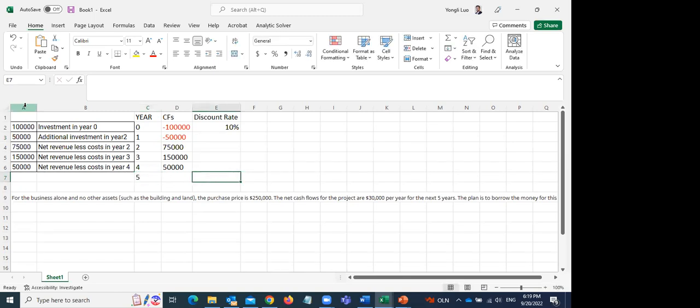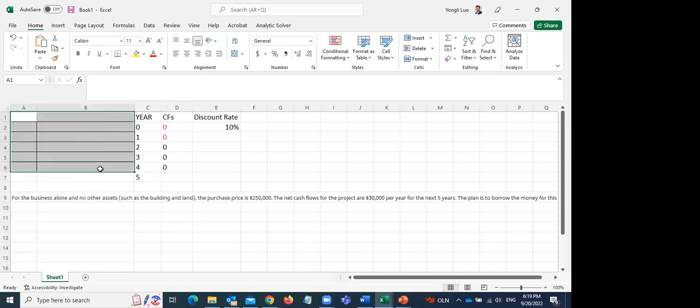Is that right? Yes. So we delete this, we don't need the cash flow for that. So what is this cash flow here? It's going to be 30,000.